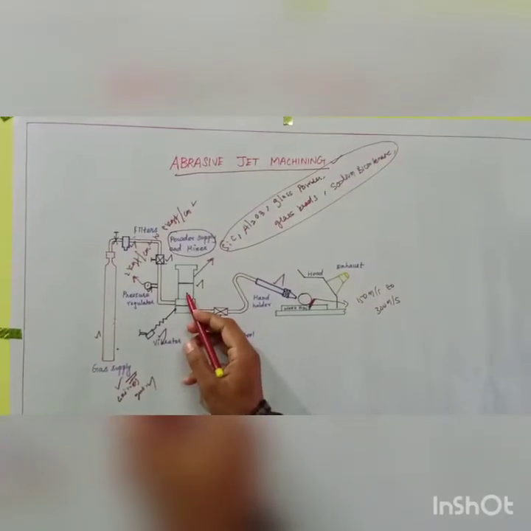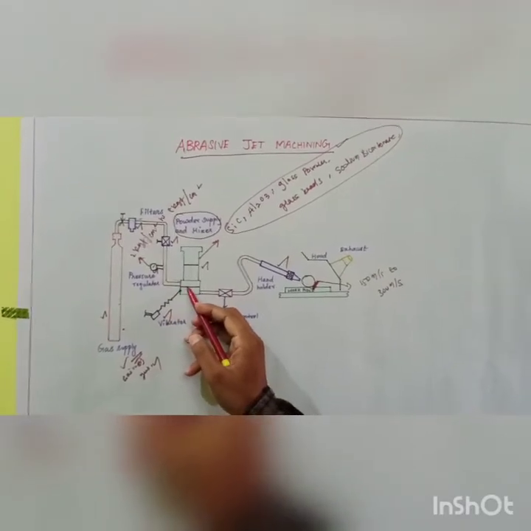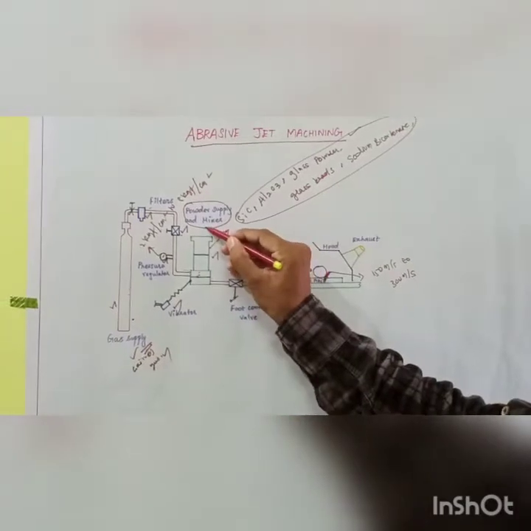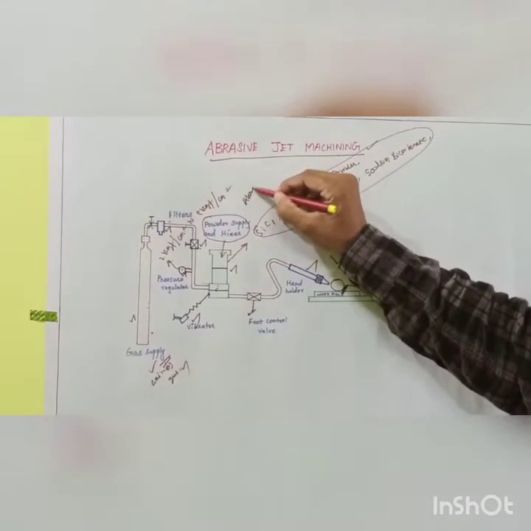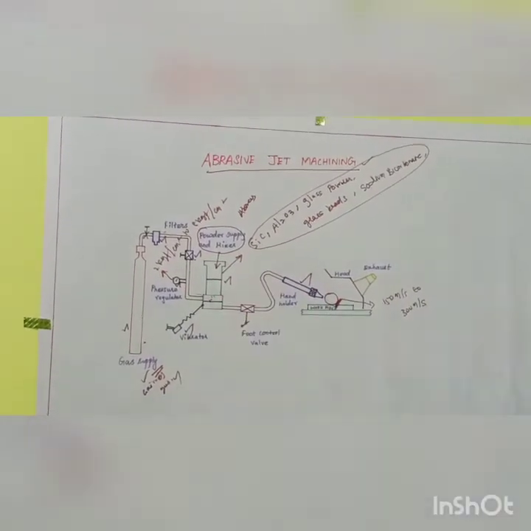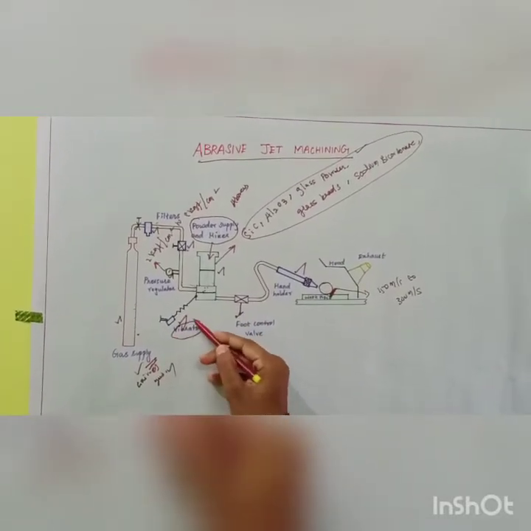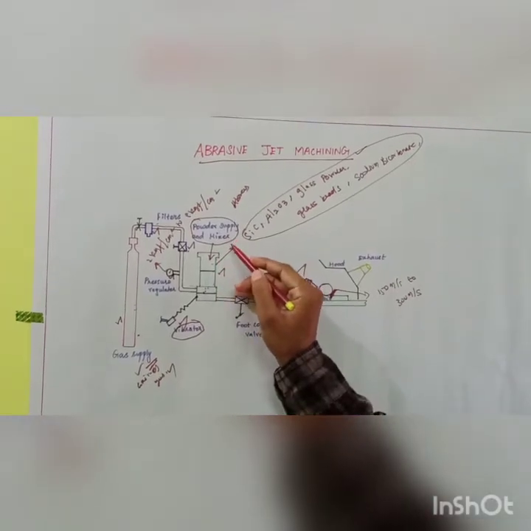In this mixing chamber, the high velocity air passes through the mixer, and some amount of abrasive particles are poured into the mixing chamber. A vibrator is placed here for proper mixing of air and abrasive particles.